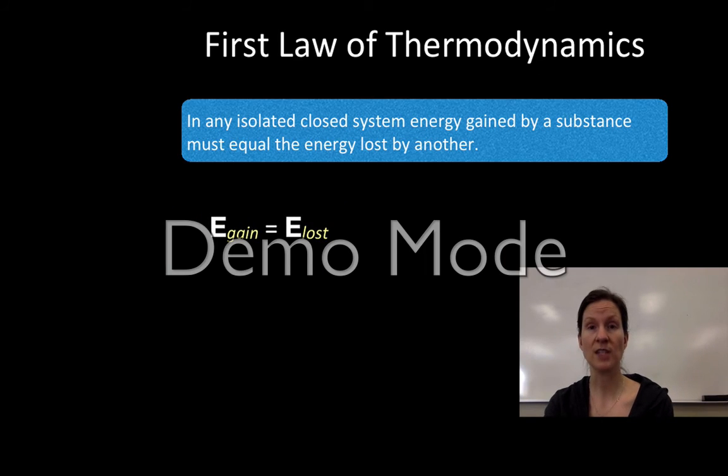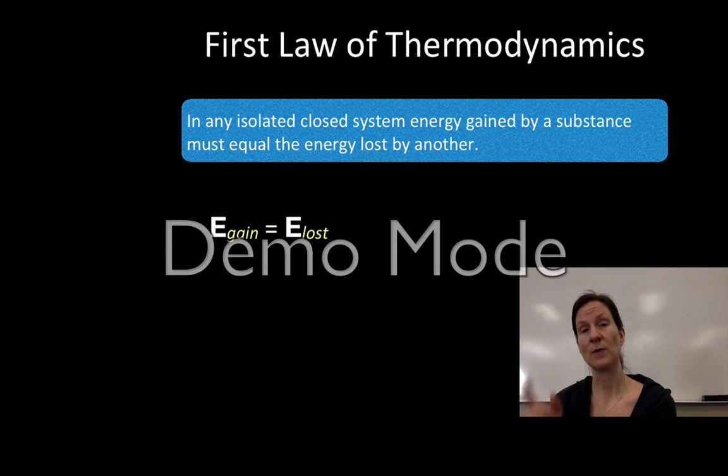The actual first law of thermodynamics, so not the Zeroth law, is essentially the same law as conservation of mass. In an isolated system, energy must be equal. Energy lost by one has to be gained by another. So energy is never lost, it's simply changed around.